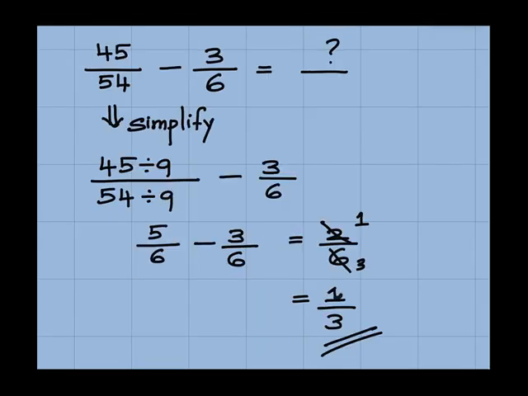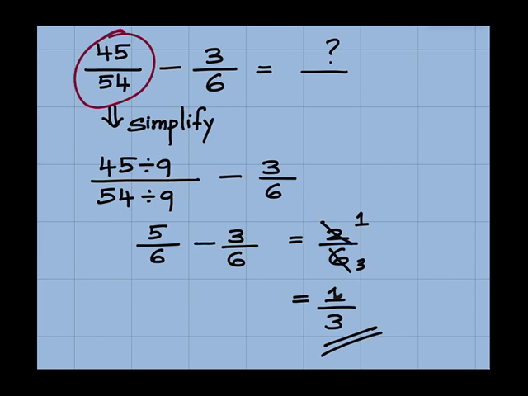Okay. The next problem, the fraction is a big number, right? Don't panic when you see big numbers in a fraction. Try to simplify it. See what are the common multiples. So these are multiples of 9. If you see 45, it is a multiple of 9, and 54 is again a multiple of 9, right? It comes in 9 tables.